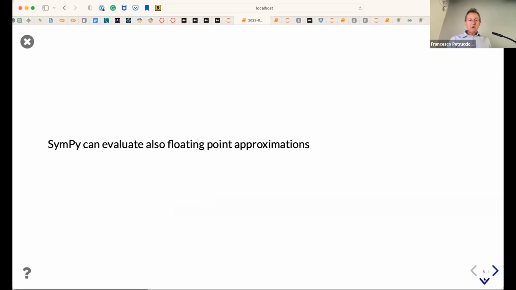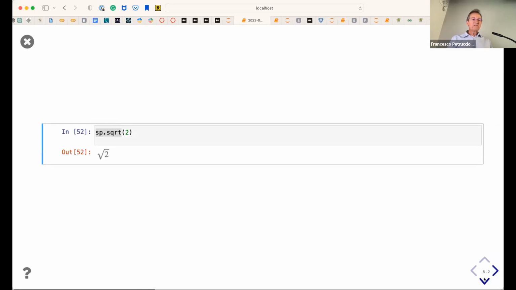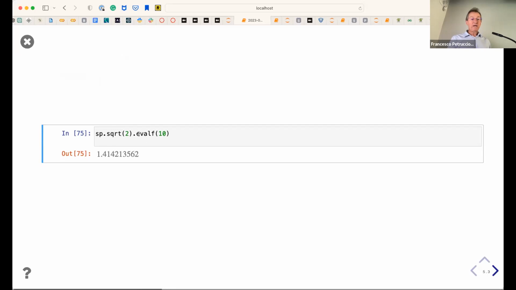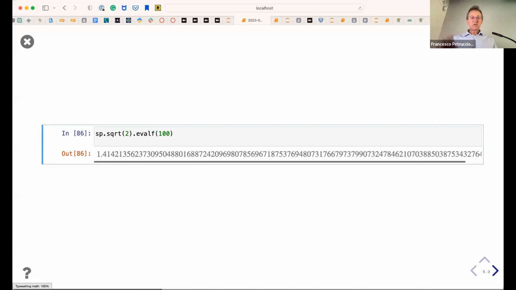And then we mentioned that sometimes, maybe at the end of a calculation, you want a real number. And for that, there is the function eval_f, the evaluation of the function. And that gives you the real number. We played around. If you want 100 digits, you just type in the 100 and then you get a very long number for the square root of 2.